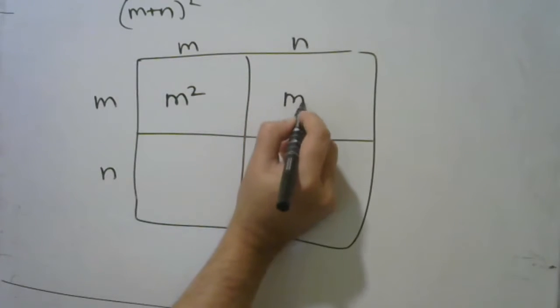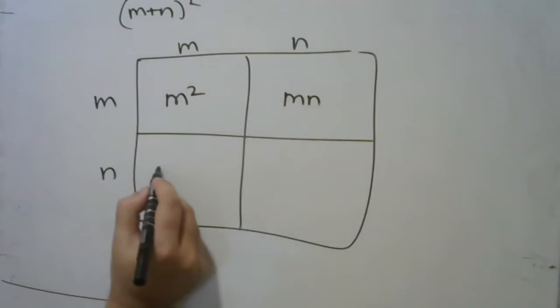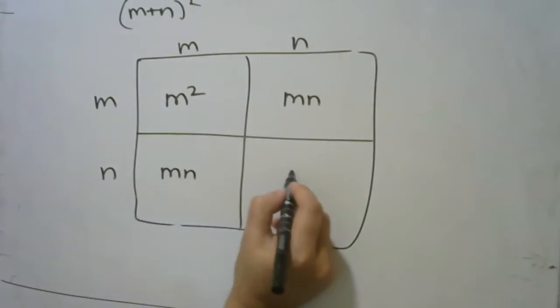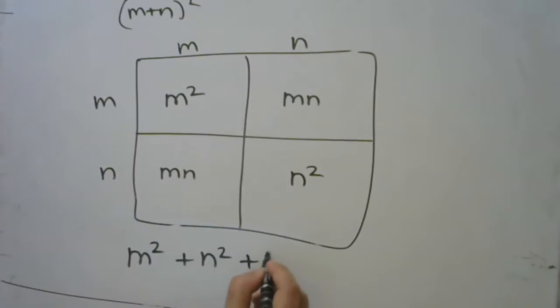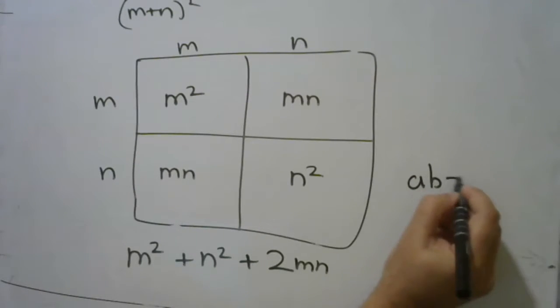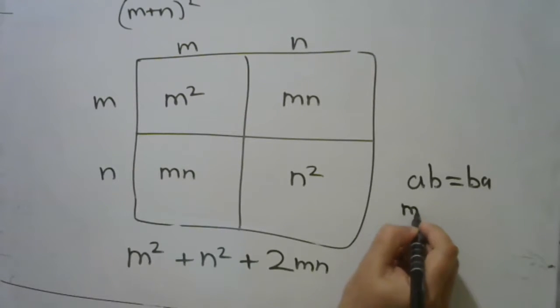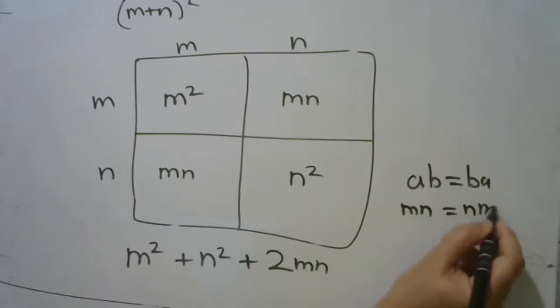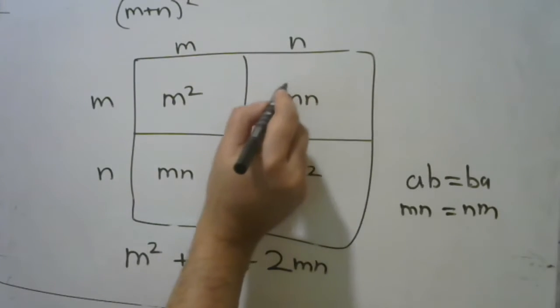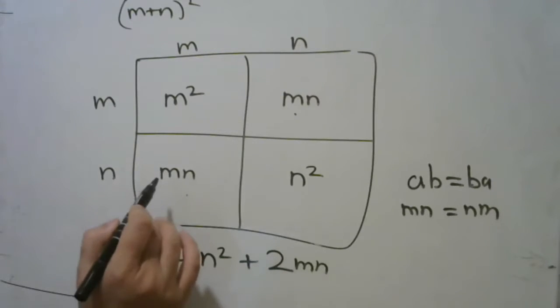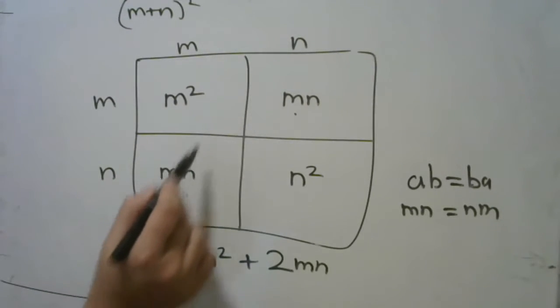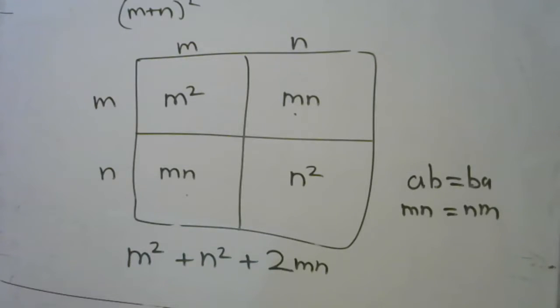M by n, mn. N by m, mn. N by n, n squared. And you just add everything in here. So that gives you m squared plus n squared plus 2mn. Remember, AB is the same as BA. So mn is the same as nm. So we have 1mn and 1mn. We get 2mn, not mn squared. This is adding them up. So mn plus mn. All right?